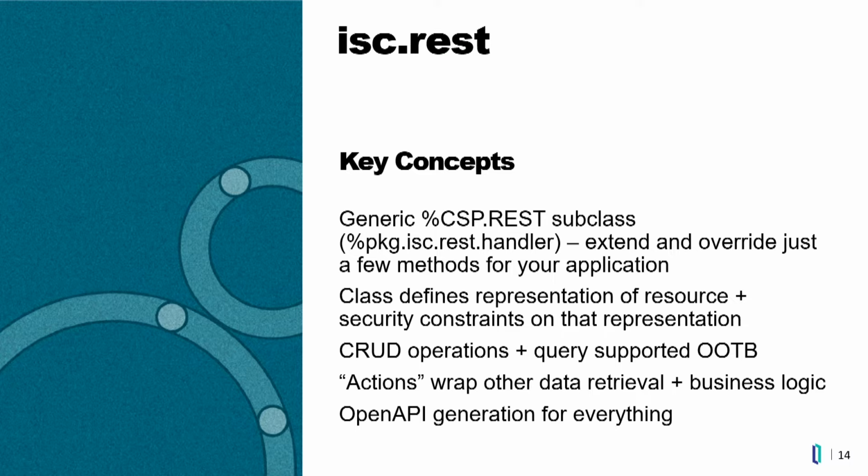And then out of the box, provided that you say, yes, these things are allowed, you have your CRUD operations and also a uniform interface for querying the underlying tables. There's also a concept of actions that we'll see in a minute that wrap other data retrieval and business logic. So an action might wrap a class query, or a call to a class method or an instance method on a particular instance of a resource. And then there's OpenAPI generation for all of this.